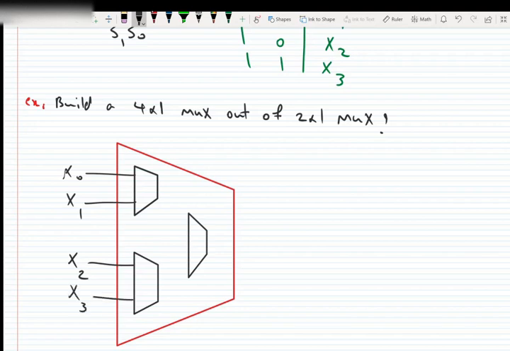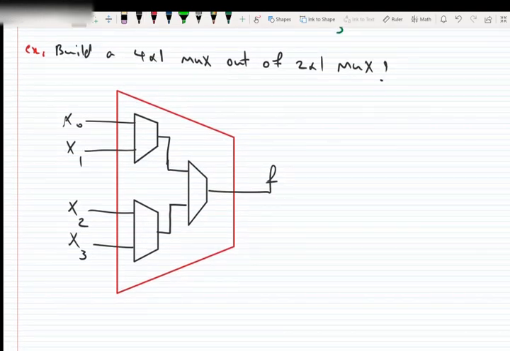The outputs of these two multiplexers are connected to the inputs of the third multiplexer, and the output of the third multiplexer is the main output. Because it has 4 inputs, we are allowed to have 2 select inputs. So one select input is here, we call it S1.